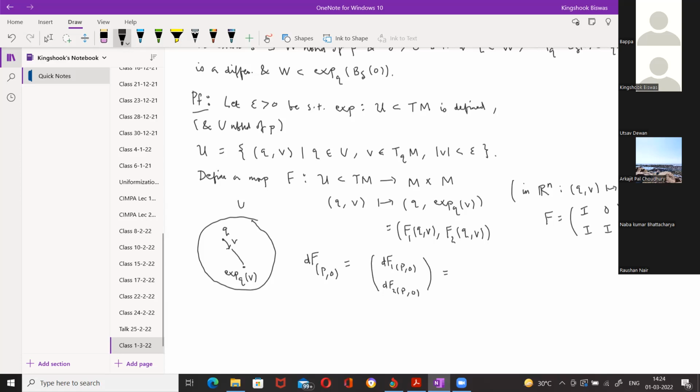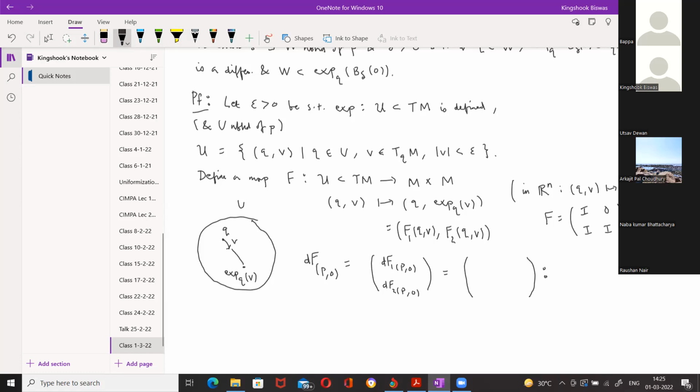And this is going to go from where to where? We have to see what is the tangent space to the point P0 in the tangent bundle. Remember, in the tangent bundle, we had coordinates.